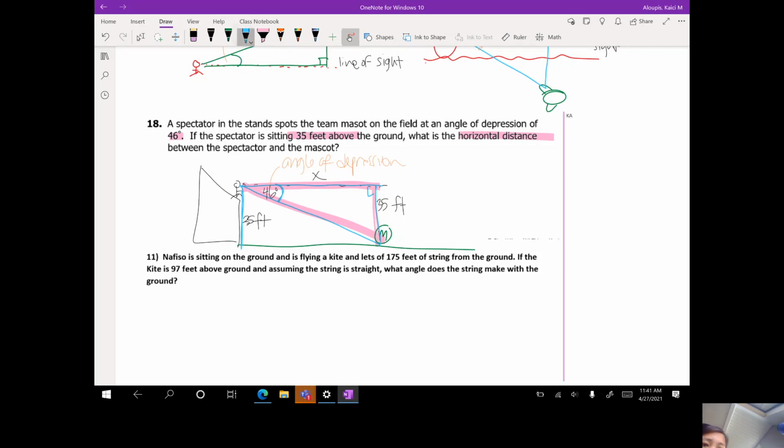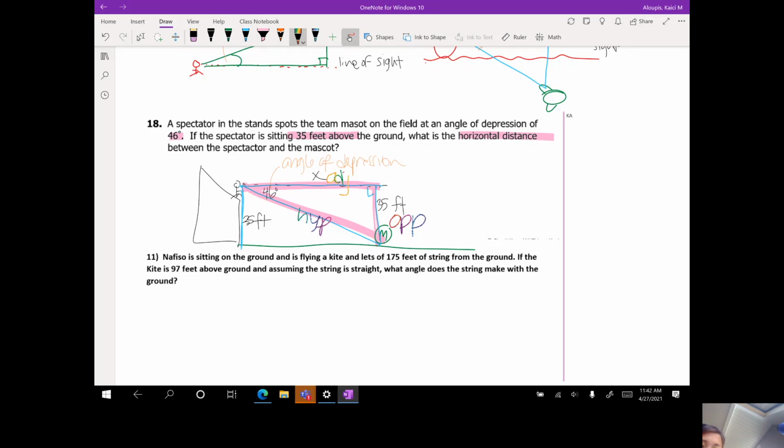From my angle, 46 degrees, this side is the opposite side, okay? And this side over here is the adjacent side, because remember, this over here is the hypotenuse, the longest side, and it's the one opposite our right angle.